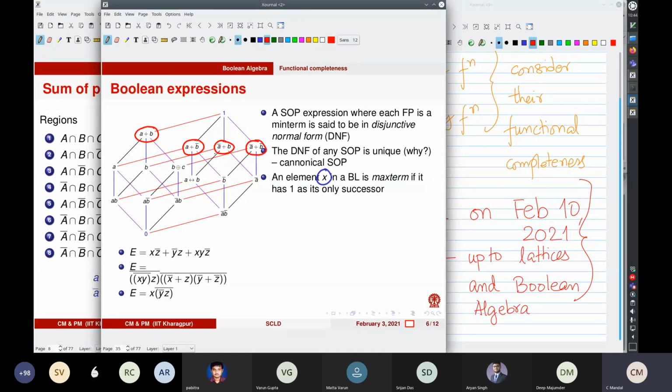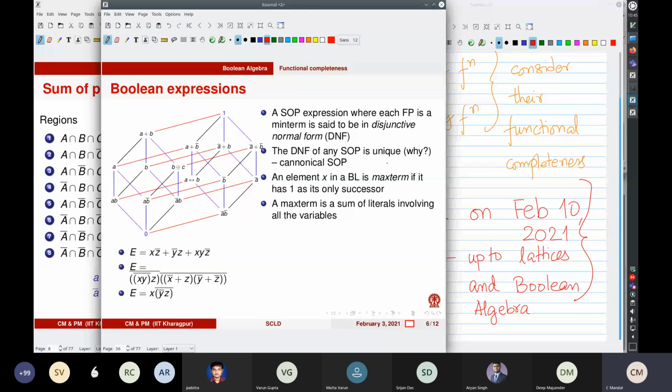Okay, and as you have seen, these are your min terms. Min terms are your atoms. Min terms have 0 as their predecessor, and max terms have 1 as the successor. So that's a max term.